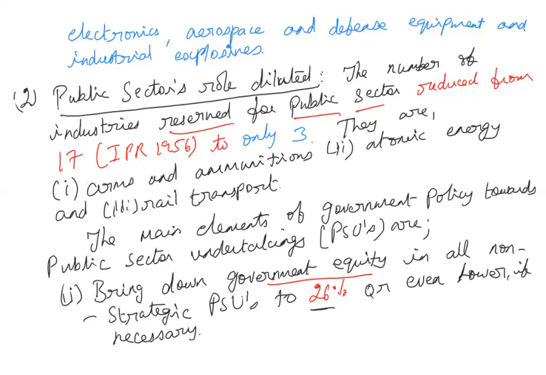Even if 26% is not required in those industries, where government voting is not required, it can be brought down to even below 26%. So the remaining 74% of the shareholding of the public sector has to be disinvested, handed over to the private sector. So that is the first feature of the policy towards the public sector by the government.